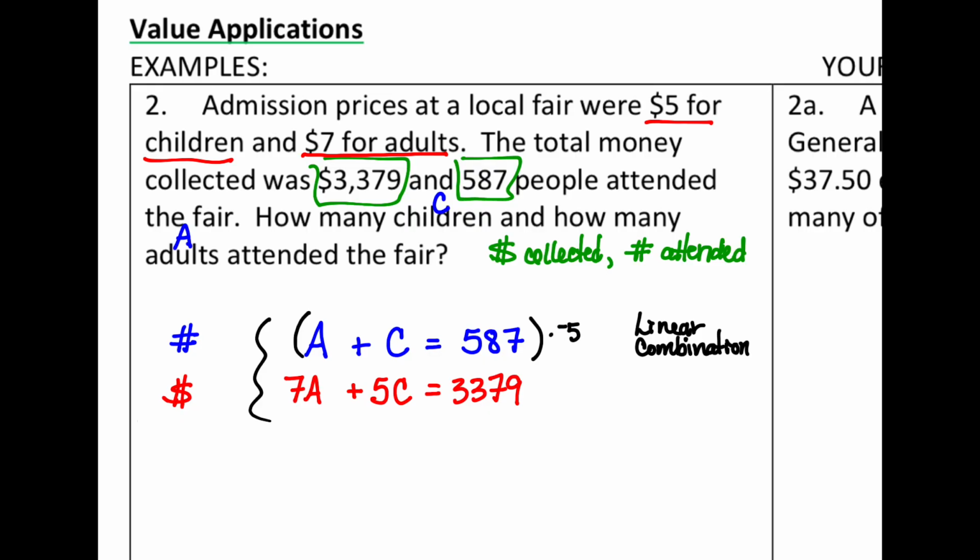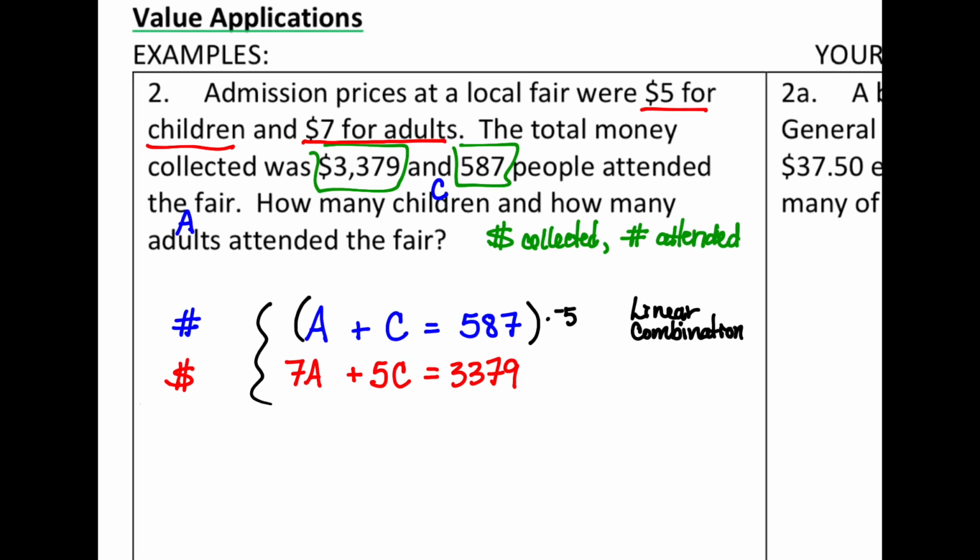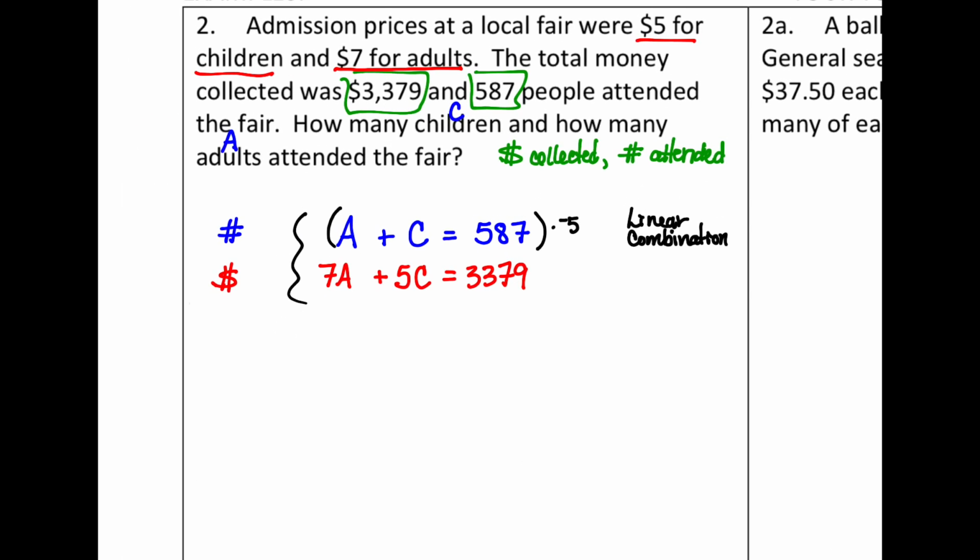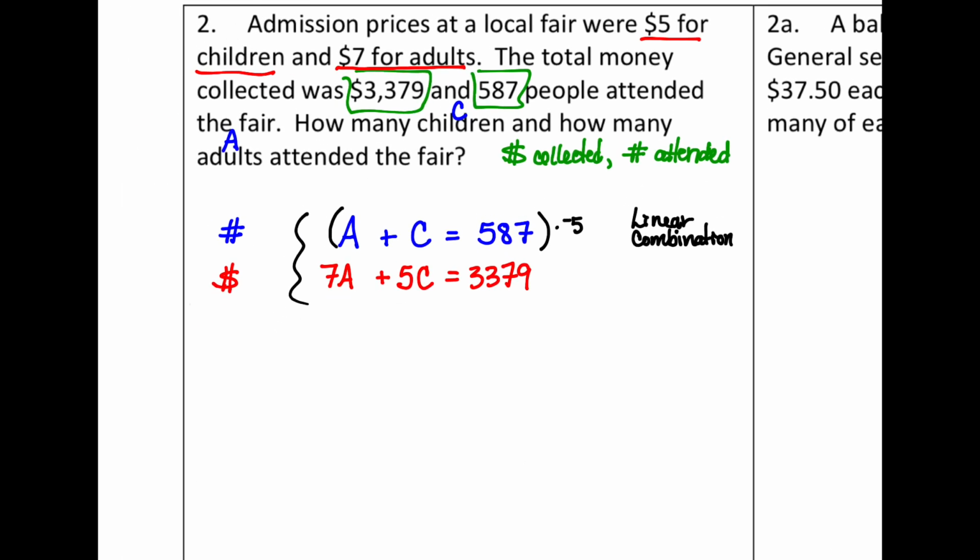I choose the smaller of the numbers just so my numbers don't get huge. And let's rewrite it. I'm going to go up a little bit, make it a little smaller.